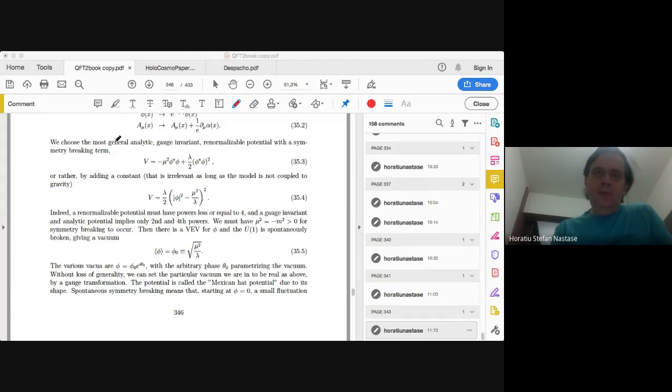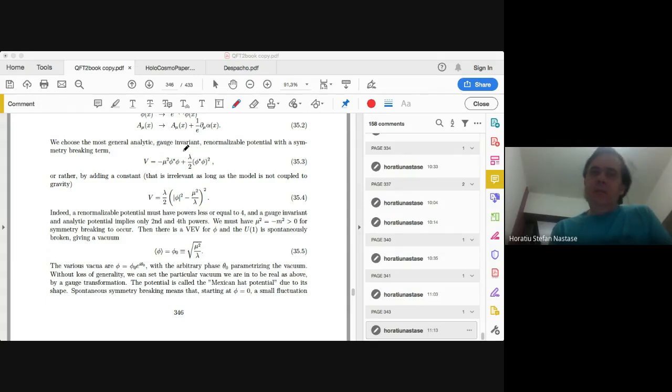We will choose the most general. It's a choice in that it's the most general analytic gauge invariant renormalizable potential that has a symmetry breaking term. The symmetry breaking is associated with the fact that there's a negative mass squared, so that the curvature near φ equal to 0 is negative. The field rolls down the potential.